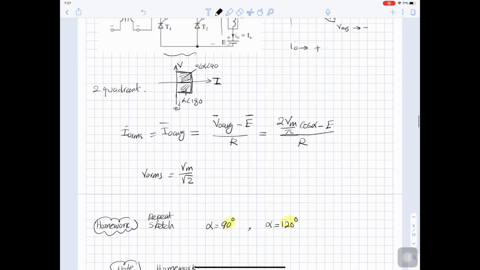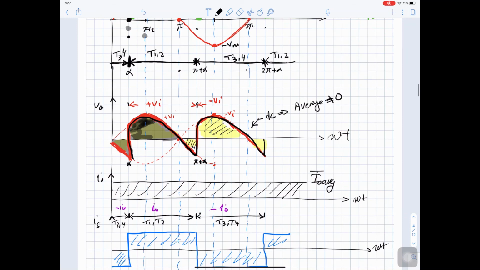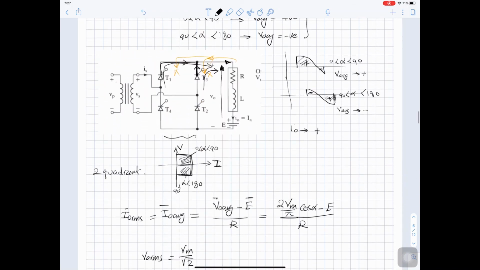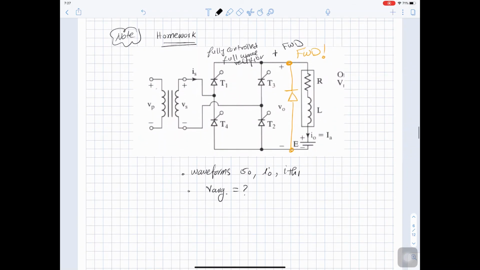Already we studied here the full wave rectifier without a freewheeling diode, and you know that the effect of the freewheeling diode will be removing these negatives. So please try to see what will be the effect on the circuit when we add a freewheeling diode.